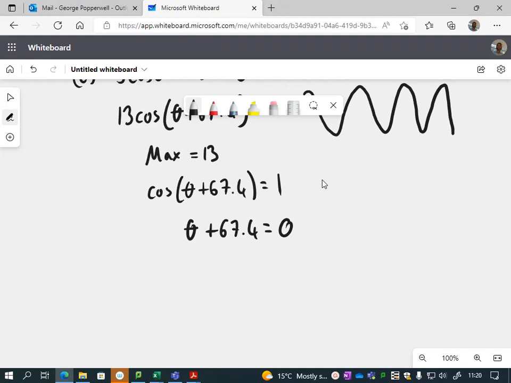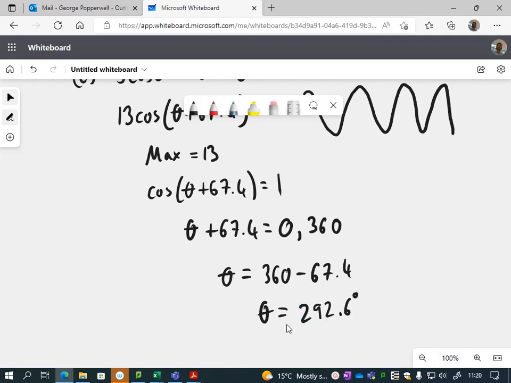Another solution to this would be at 360, which will give me the solution I require in the range I want. So theta is going to be equal to 360 minus 67.4. So theta is equal to 292.5 degrees. So the maximum is 13, and it occurs when theta is 292.6.